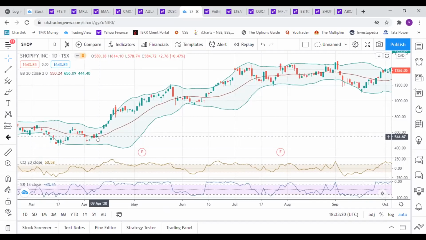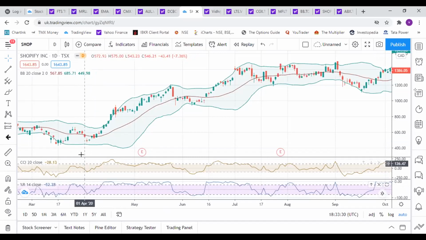But if I used my indicators to tell me when to enter the stock, with RSI at minus 75 and CCI at minus 87, I should enter the stock over here, which is 2nd April or 3rd April, because both RSI and CCI have curved up, and from the red candle I've come into a green candle.